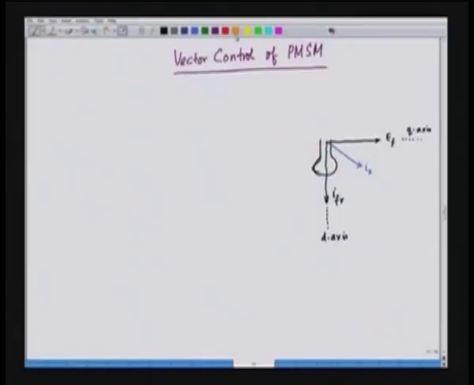Now, we can resolve this into two different components like this. If we project IS on the Q axis, this component is known as IQS, the Q axis stator current, and if we project IS along the D axis, we call this current IDS.